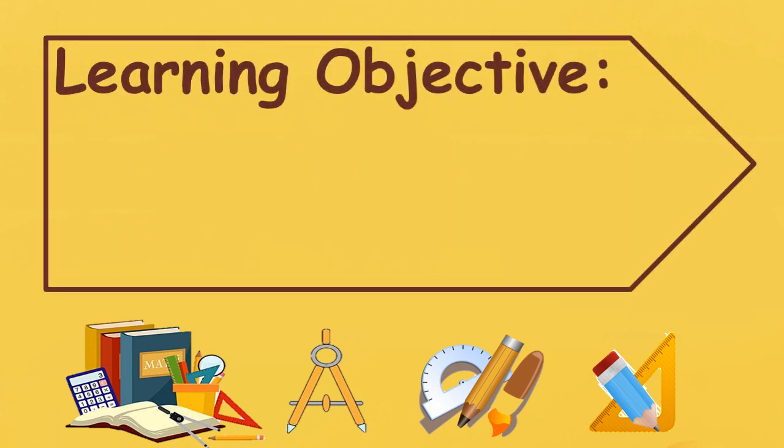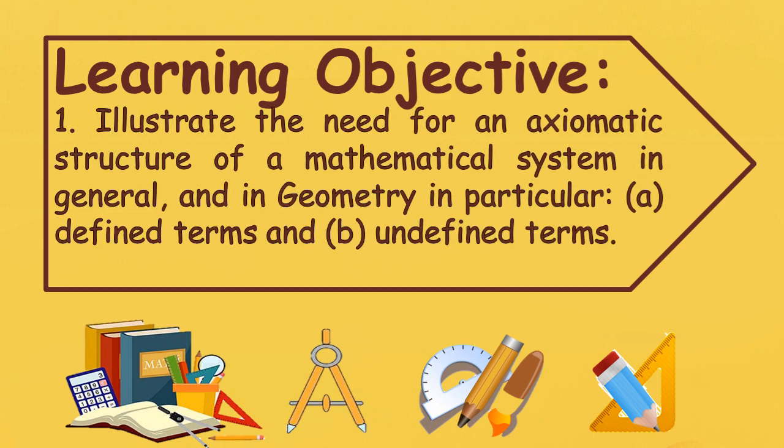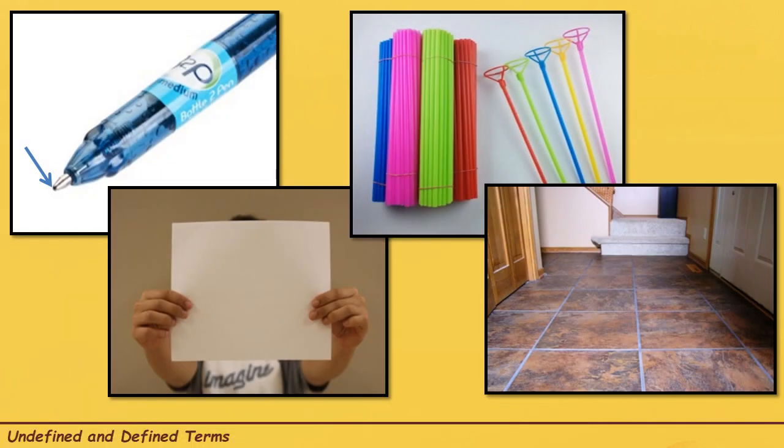For today's learning objective, illustrate the need for an axiomatic structure of a mathematical system in general, and in geometry in particular. We have A. Defined terms and B. Undefined terms. Let's take a look at these pictures.